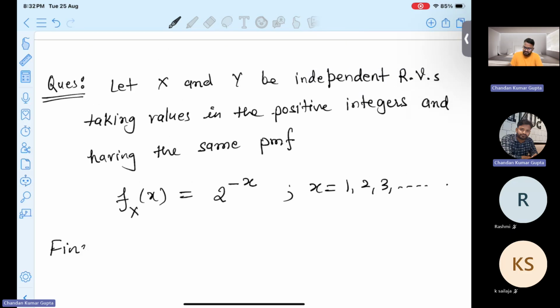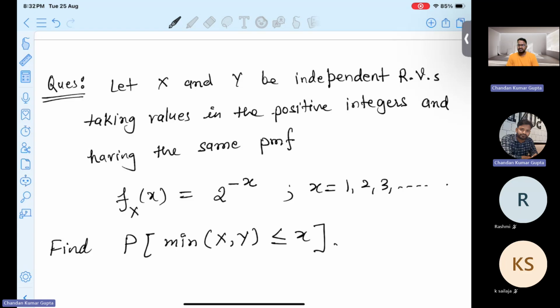Now, the main question asked is to find the probability that the minimum of x and y is less than or equal to x. Our question is this: x and y are independent random variables taking values in the positive integers, which means it is discrete in nature.